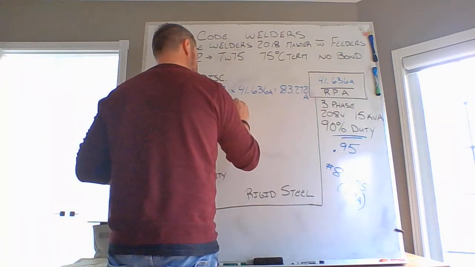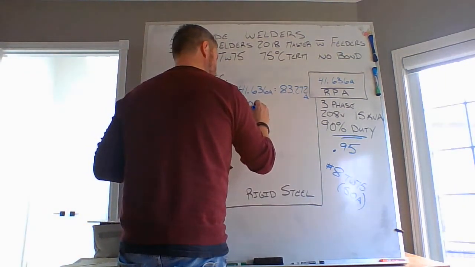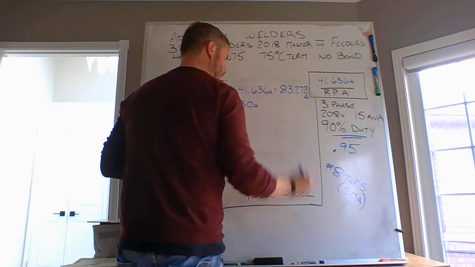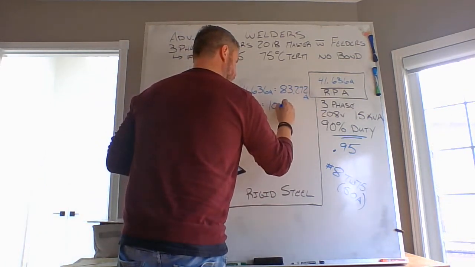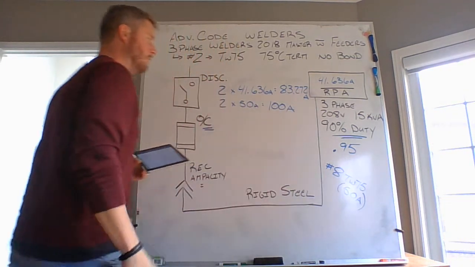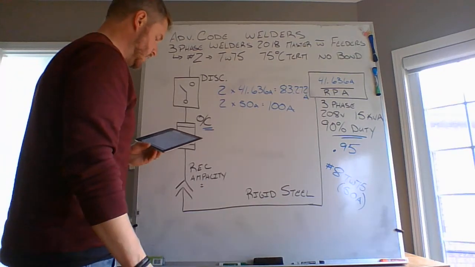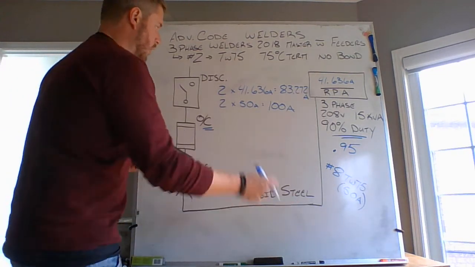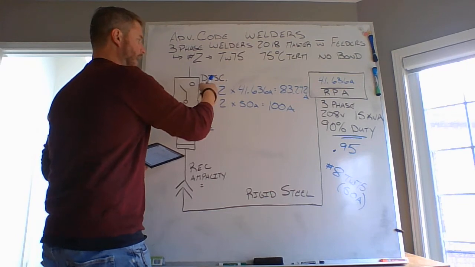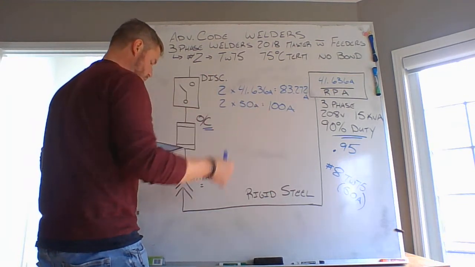So I am 2 times 50 amps availability on my conductor, giving me a 100 amp overcurrent device. I can therefore compare the two, and I can choose the lower of the two.